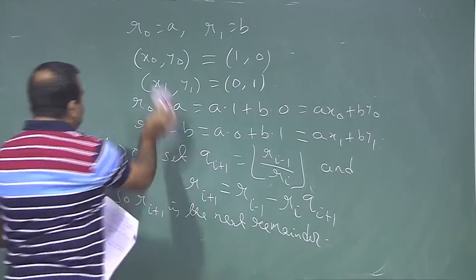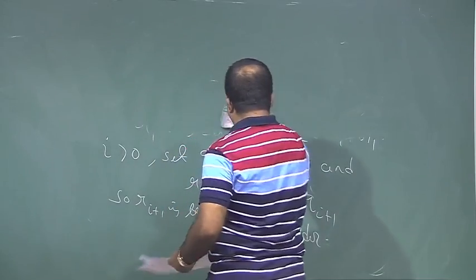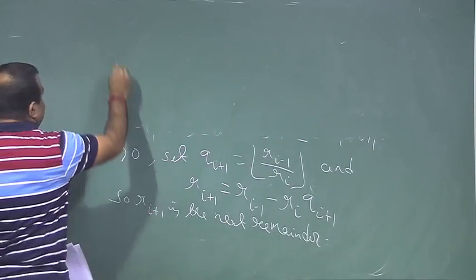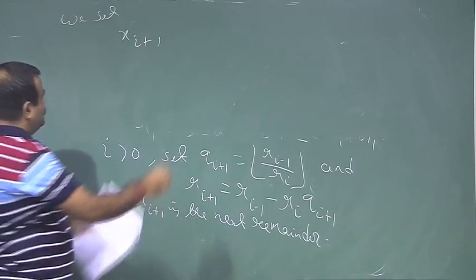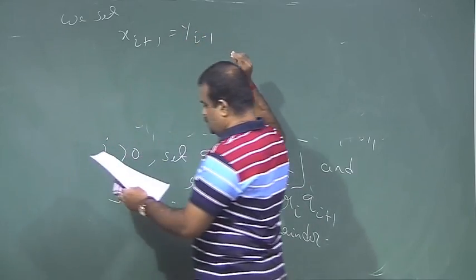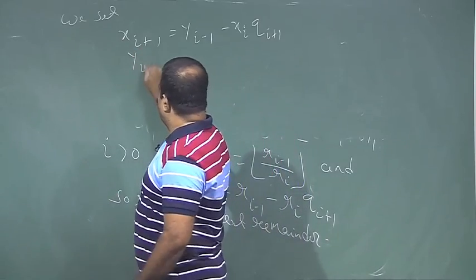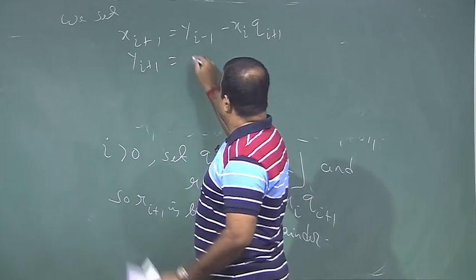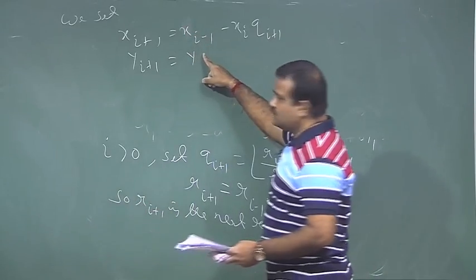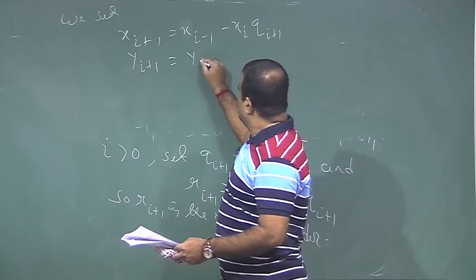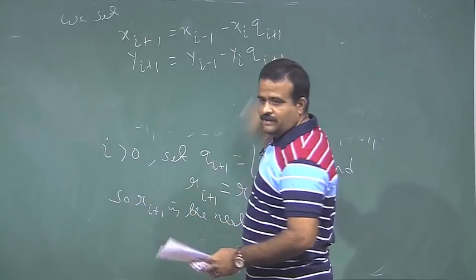Now, from this general case, we set x i and y i. We set x i plus 1 as x i minus 1 minus x i q i plus 1, and y i plus 1 as y i minus 1 minus y i q i plus 1.